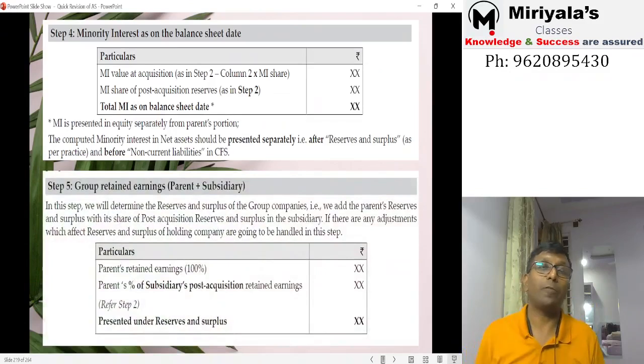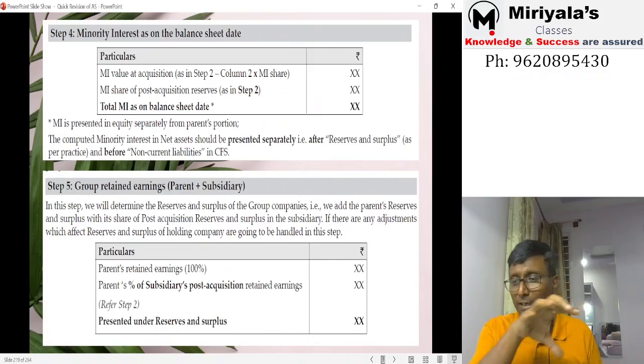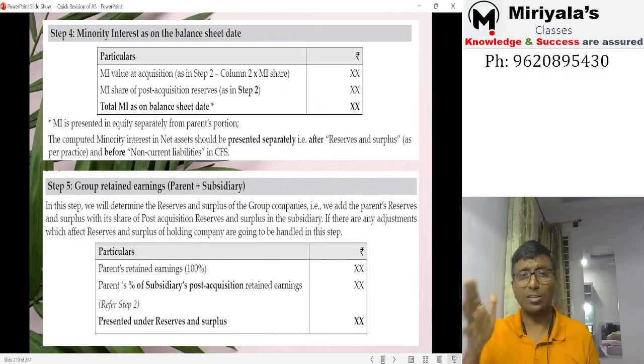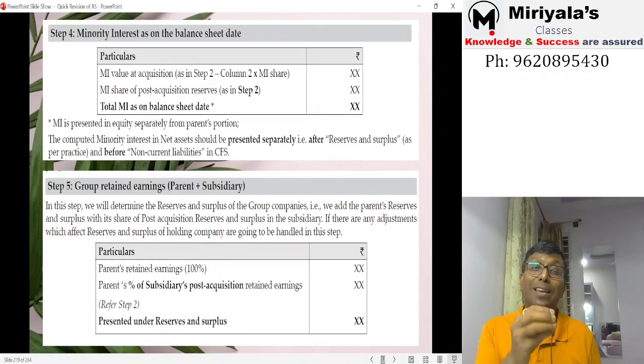And step number 5, this is the group reserves and surplus, group retained earnings. I will keep a few columns: retained earnings as one separate column, securities premium, revaluation reserve, general reserve, every reserve. The first line will be the balance as per the parent company.